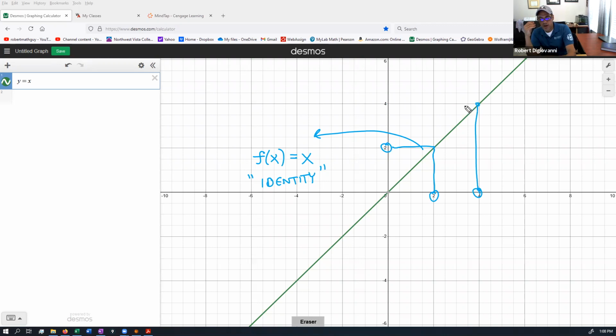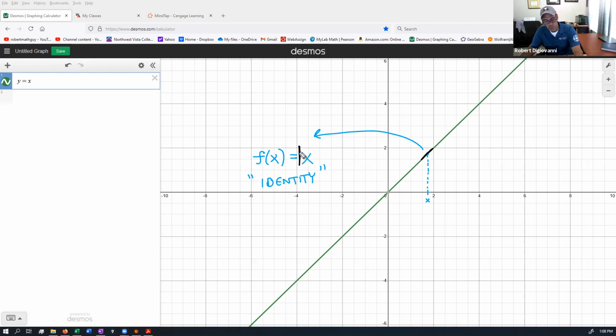Now, what's important to us is to talk about the slope of the tangent line. So notice that if you go to any point x, go up to the function, and then talk about the slope of the tangent line, the slope of the tangent line will be equal to the slope of the line itself, because it's just that perfect diagonal line. And what is the slope of the function x? 1, right?